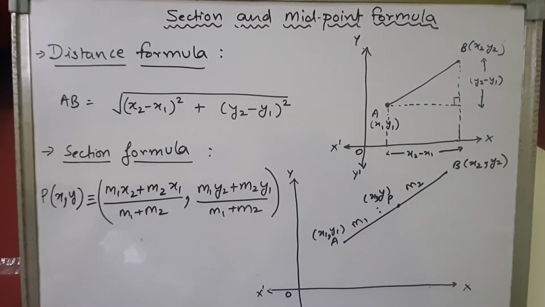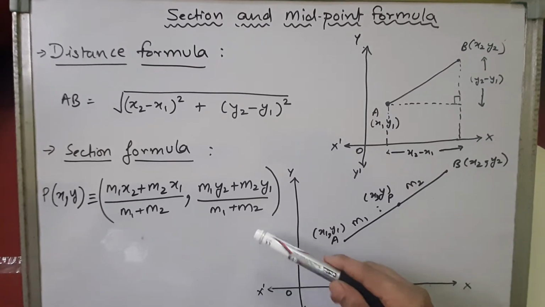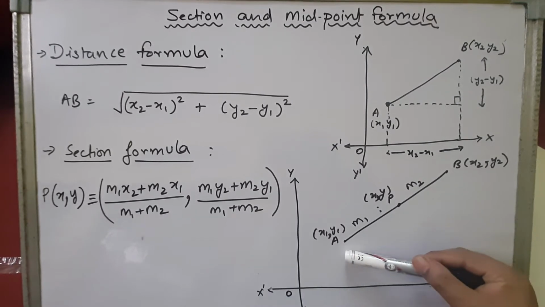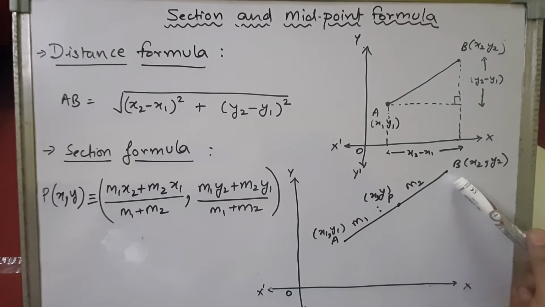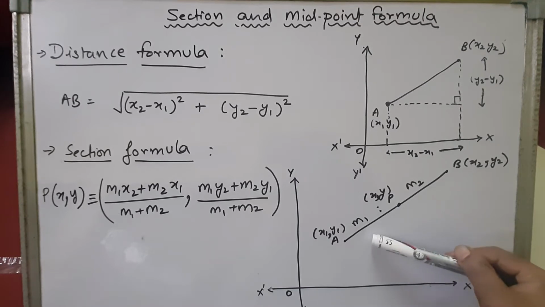And the ordinate of P will be (m1 y2 plus m2 y1) upon (m1 plus m2). Right. So by applying this formula, which is called the section formula, we can find the coordinates of a point which is dividing the line joining the given points. A and B are given points, and we have to calculate the coordinates of P, which is dividing AB in the ratio m1 is to m2. Alright, please note down this much first.